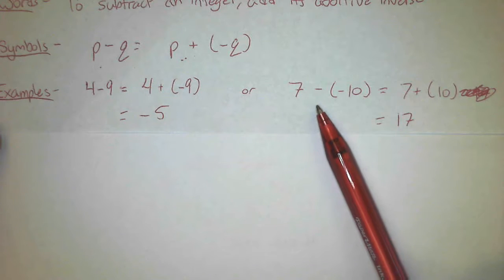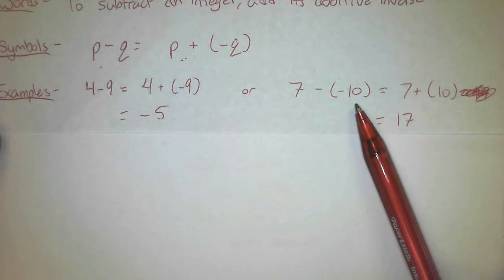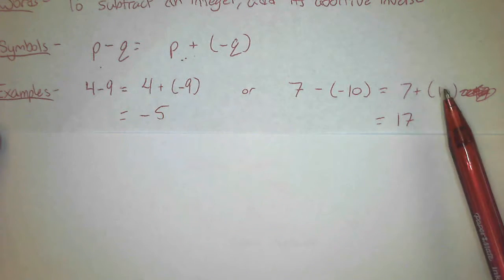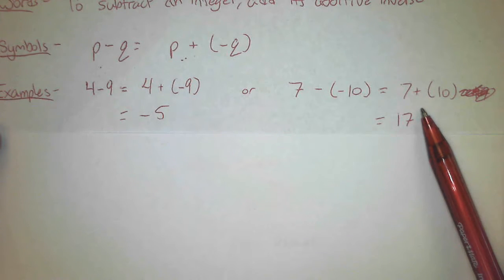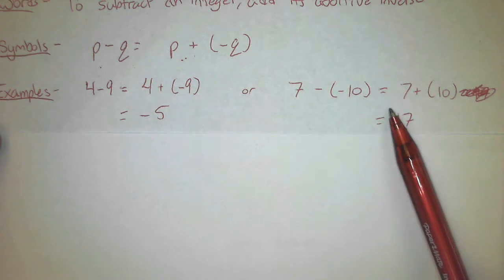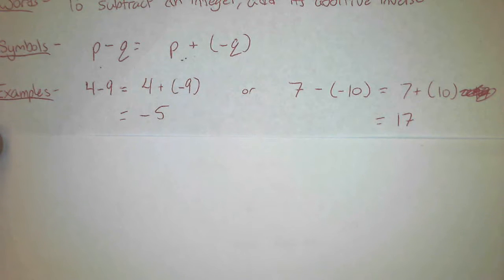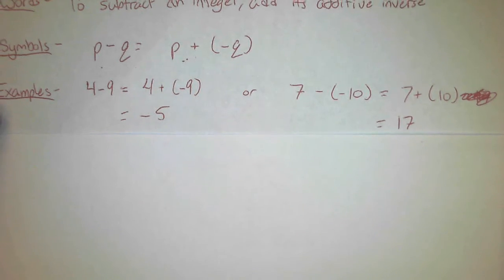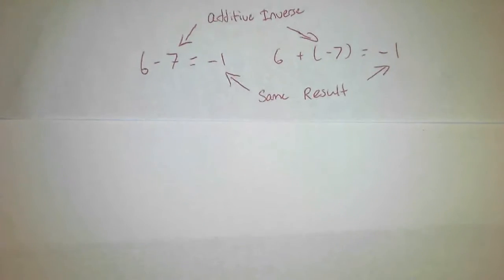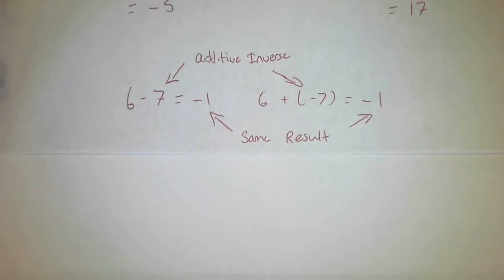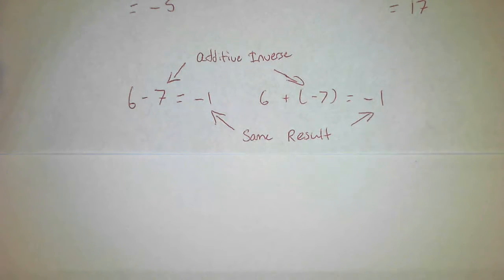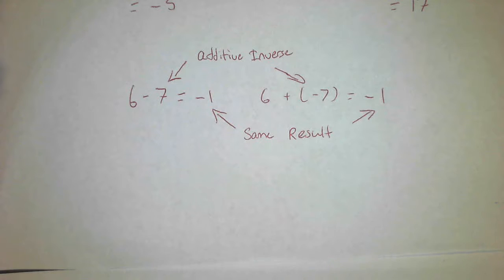So if you ever see a minus a negative number, just know that you will be adding it as a positive number. So 7 plus 10 equals 17. Now we'll go ahead and give you some more examples.